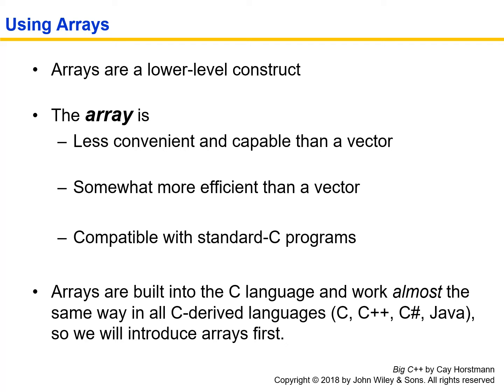It doesn't know how many items have currently been stored in it. But it's much more efficient than a vector, because all you need to do is assign that block of memory, set aside that block of memory, and you can instantly jump to any spot in it and read from it, write to it, erase it, whatever you want to do.